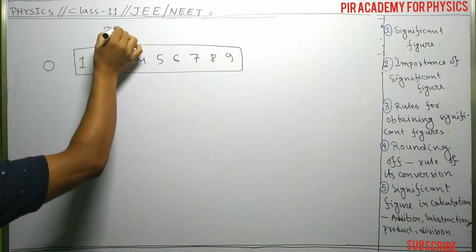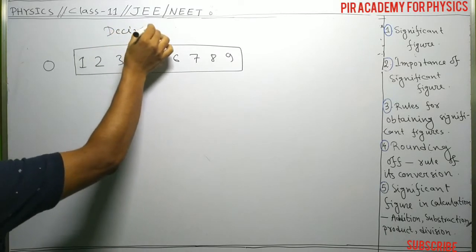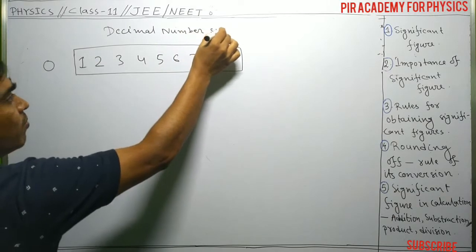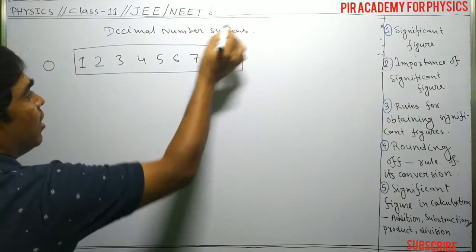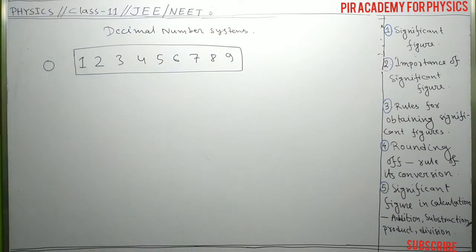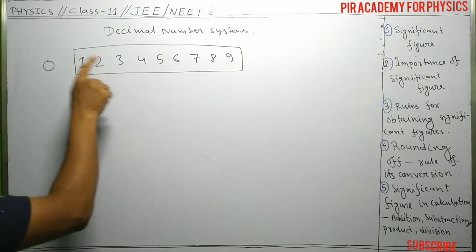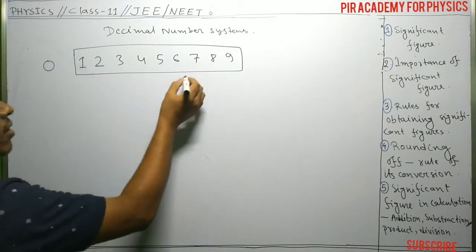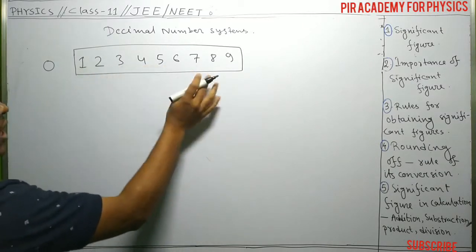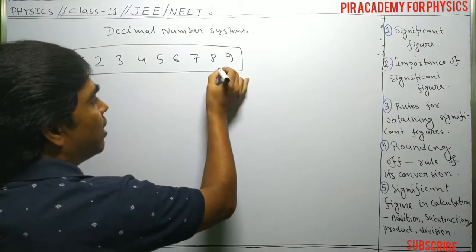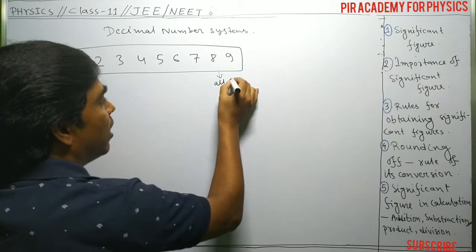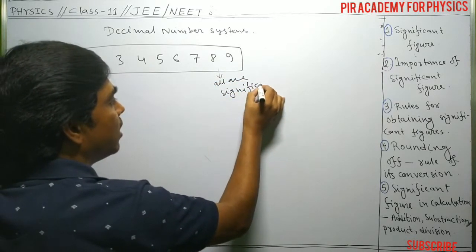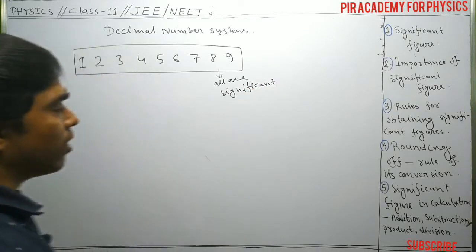In the decimal number system, there are 10 digits, one is 0 and the others are 1, 2, 3 to 9. These digits 1 to 9 are all significant.